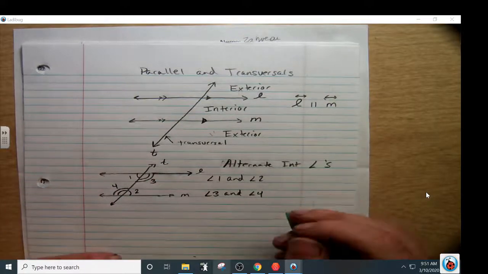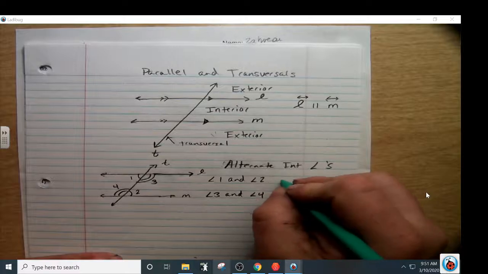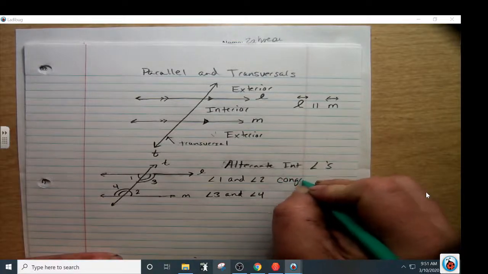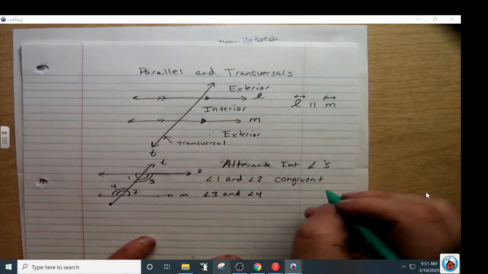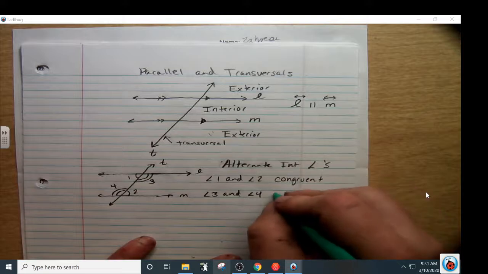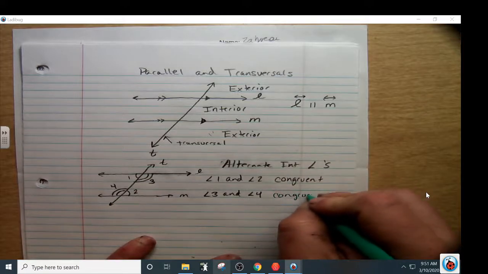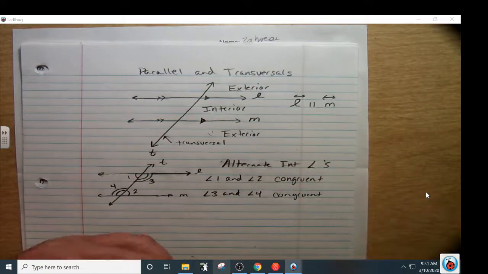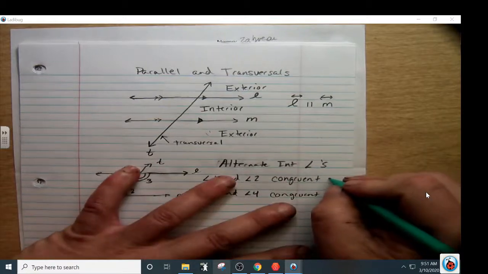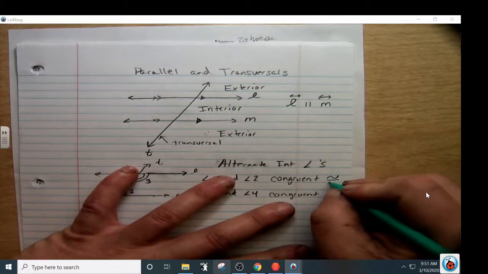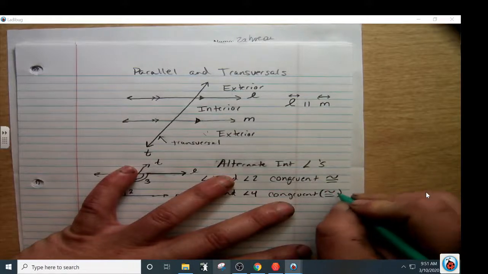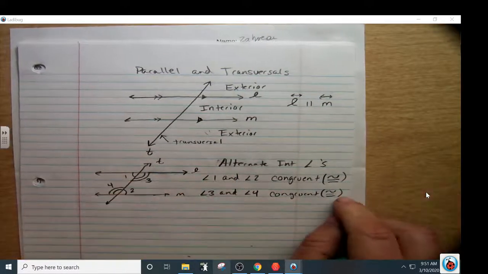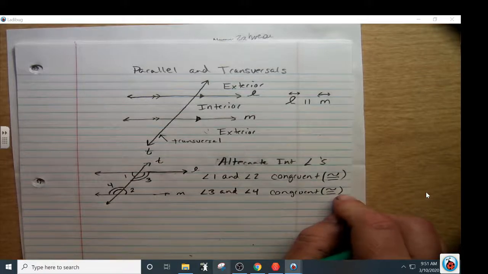Both of these, all alternate interior angles, when you have two parallel lines and a transversal, are congruent. Congruent written out, that's how you write it. As a symbol, it has a squiggly equal sign.